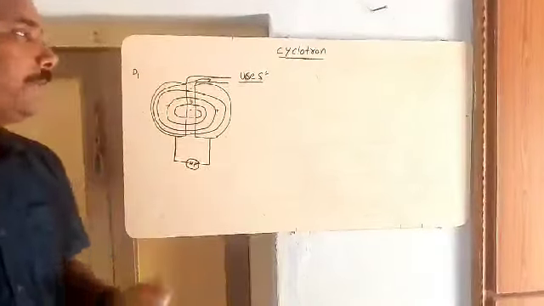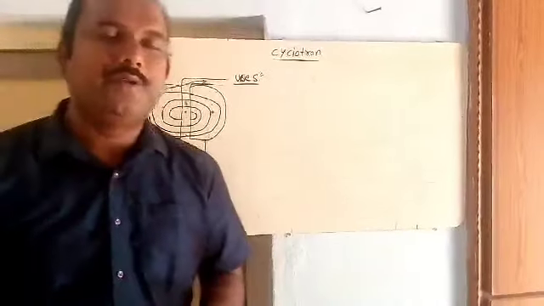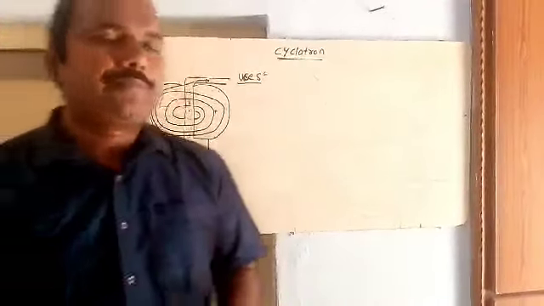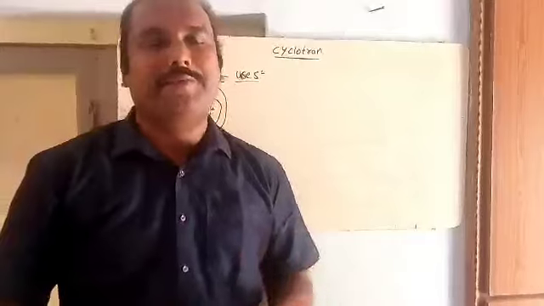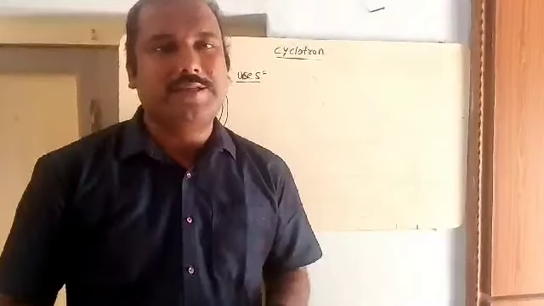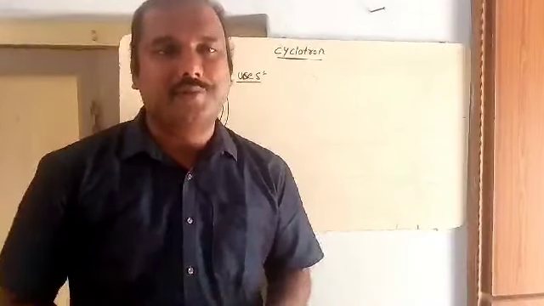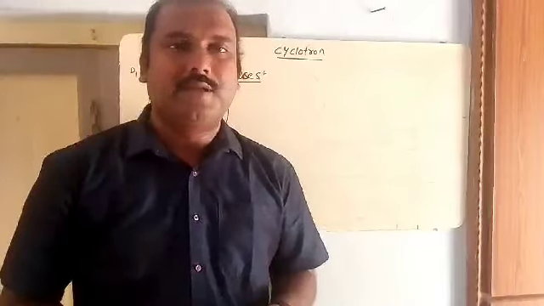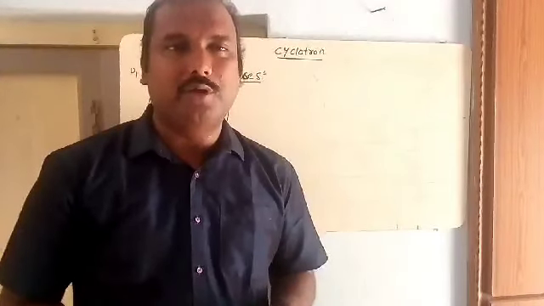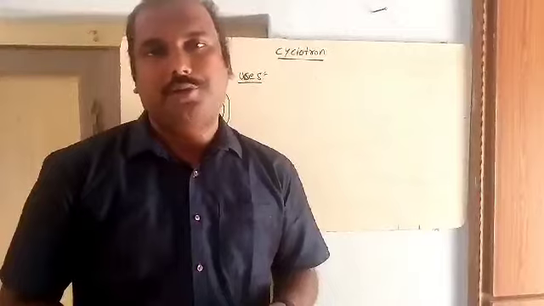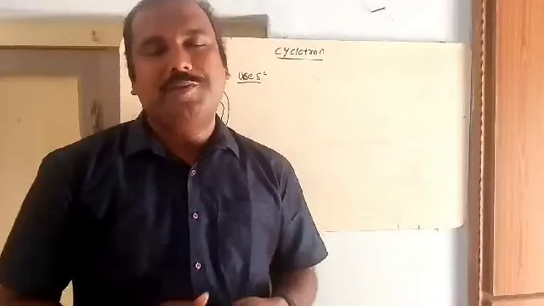So once again, we can conclude this topic. A cyclotron is a device which can accelerate positively charged particles like proton, deuteron. Now, what is the principle behind this one?